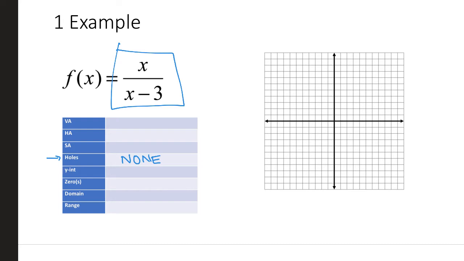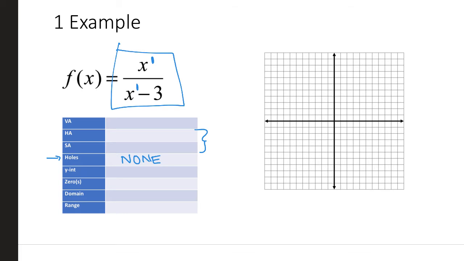Next, you're going to check for horizontal and slant asymptotes, and I tend to check these 2 at the same time, because both of these are dependent on the degree of the top compared to the degree of the bottom. Now the degree of the top is 1. It's the highest exponent that you can find. And the degree of the bottom is also a 1.